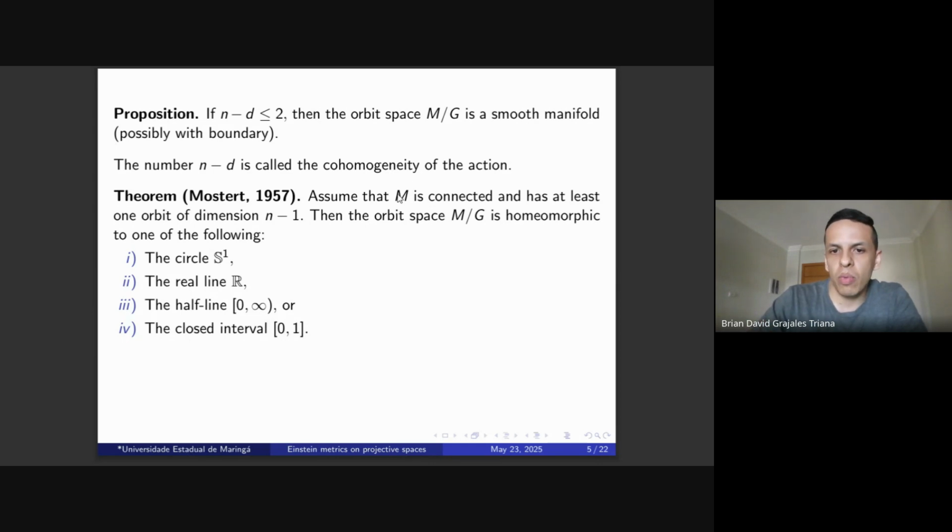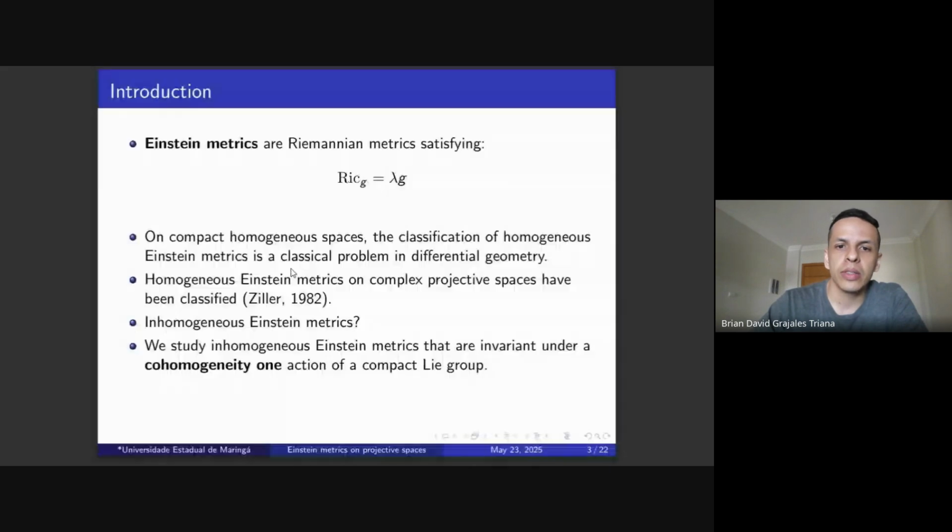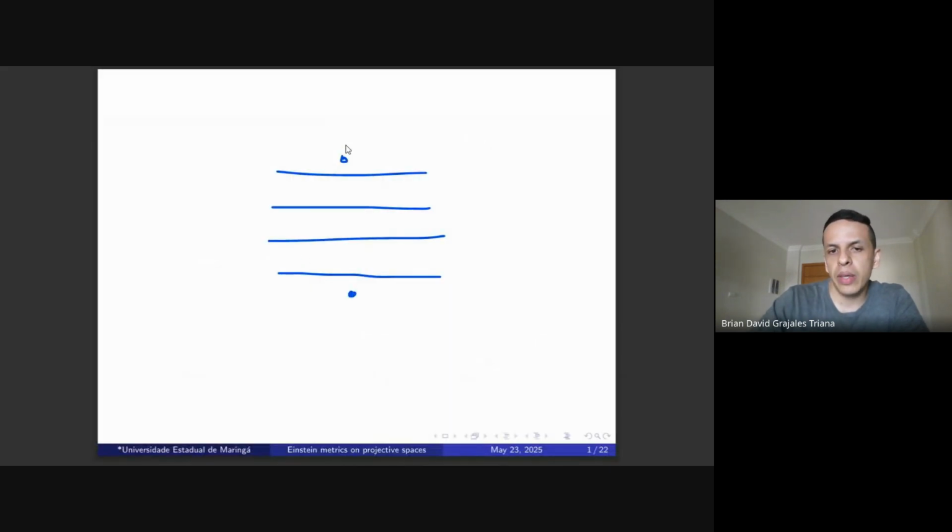So for example, when the manifold is compact, we have only cases 1 and 4, and when the manifold is not compact, we have cases 2 and 3. In this design I made here, for example, we can think that this is the manifold. We can construct a transversal section all over the manifold that is transversal to all orbits, from here to here.